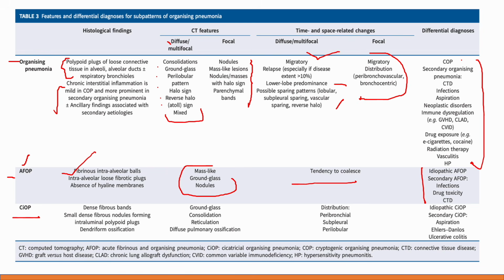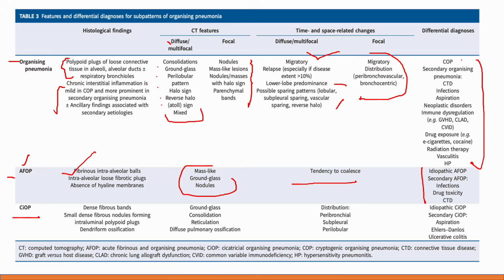A lot of times, organizing pneumonia can also come along with other patterns like the mixed pattern, often with NSIP, and they can also progress to a fibrotic variant more like NSIP. So it can start with organizing pneumonia and progress to fibrotic NSIP.